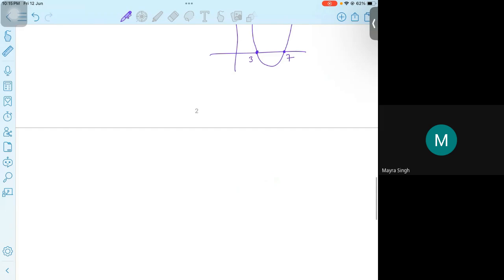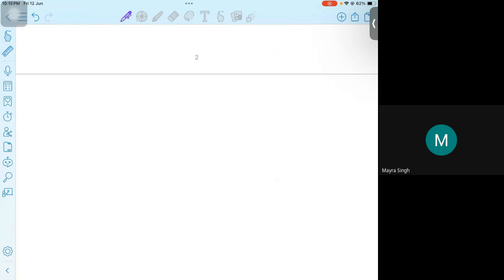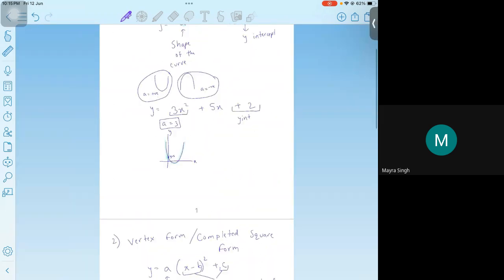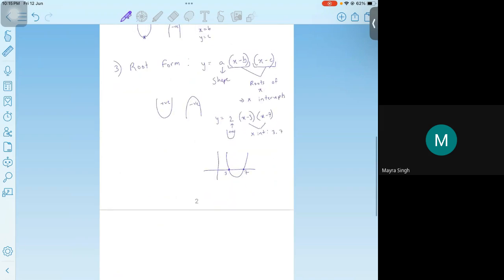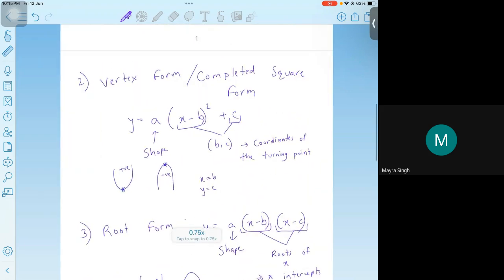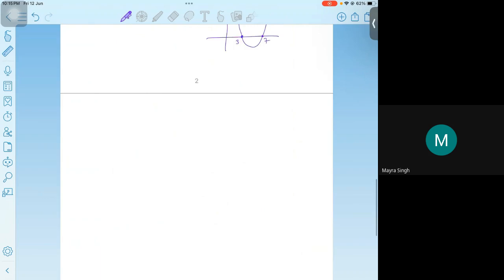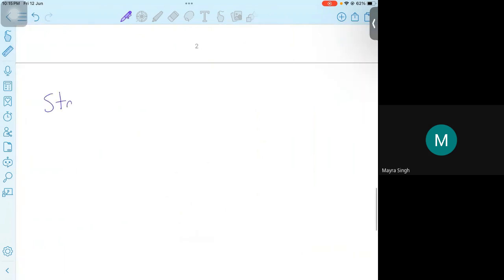Okay. So the next part is going to be converting from the first one, the standard form, to the root form. Or let's say to the complex square form first. So let's do standard form to the complex square form.